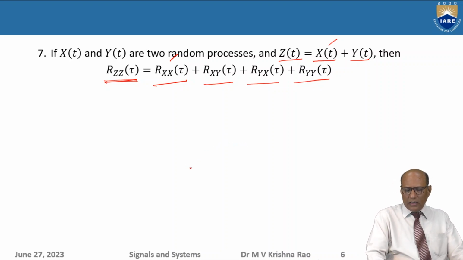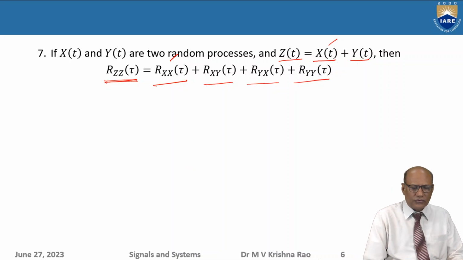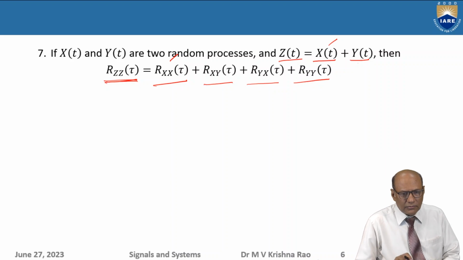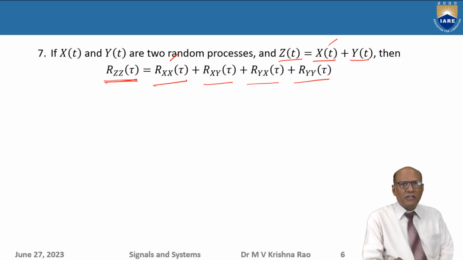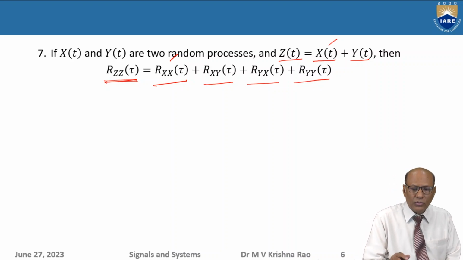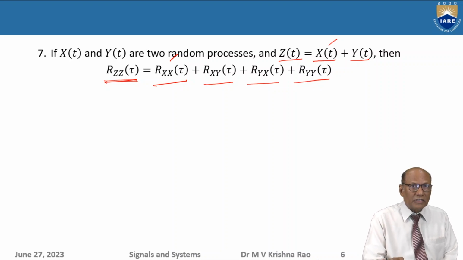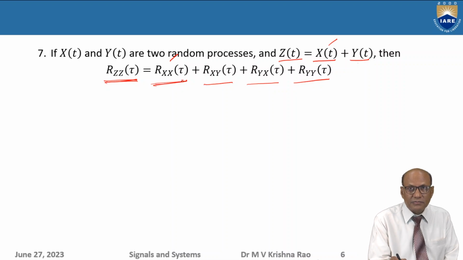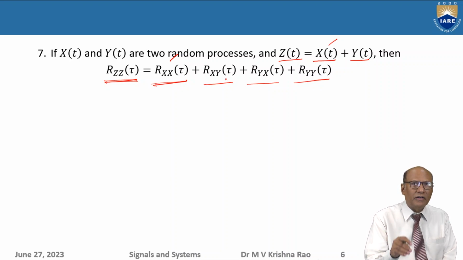Even for deterministic signals it might be true, but expectations won't be there. Here, whatever is there, Rxx means expectation is included in that itself.